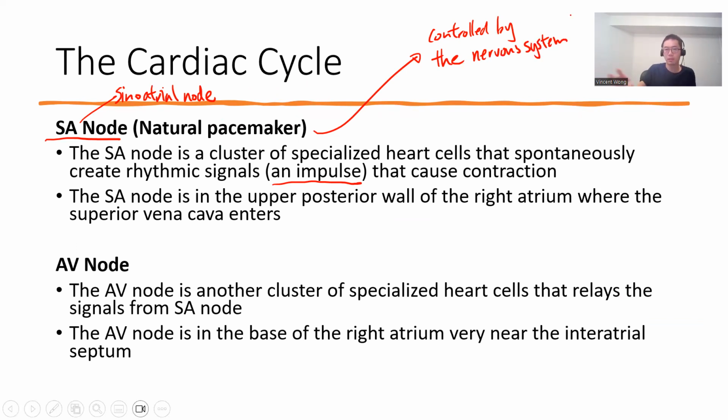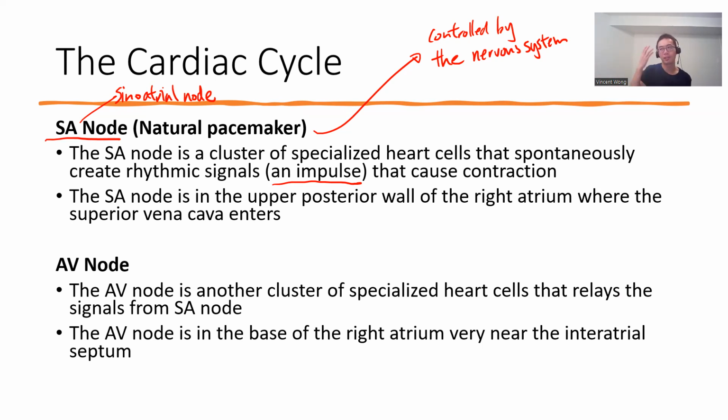One division of your nervous system is called the autonomic nervous system. It does everything in the background for the body. These are things that we don't think about. It just happens in the body, like the heart rate, or the movement of your digestive tract. We don't have to think about that. It just happens on its own, right? So the nervous system is going to take care of the heart rate for you, which is a good thing.